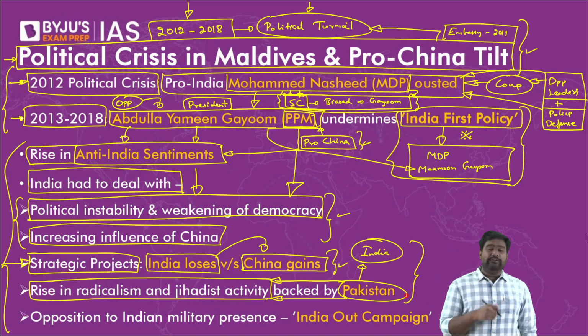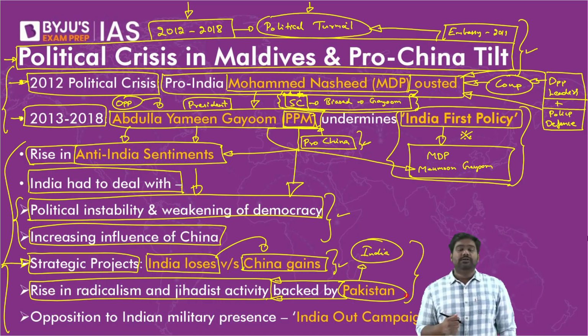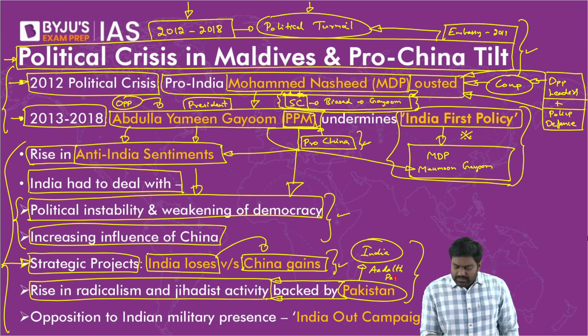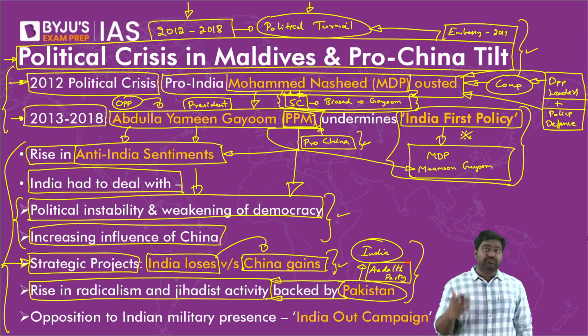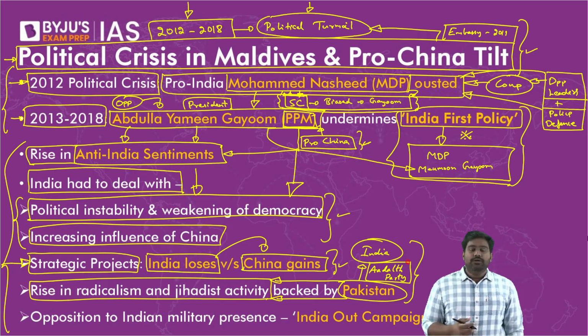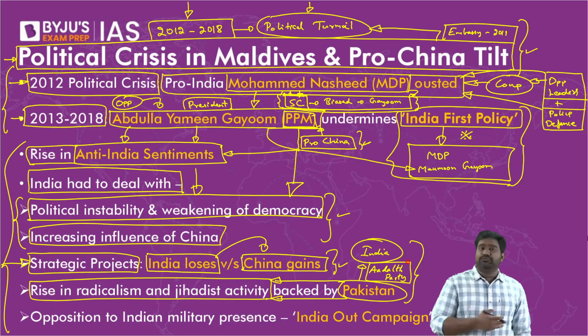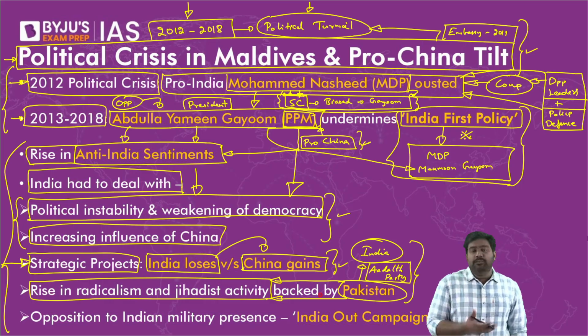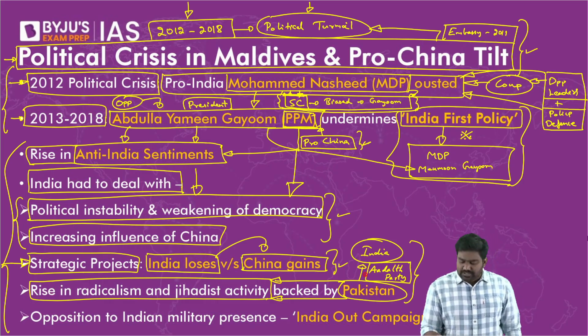Pakistan played a role in funding some radical madrasas and some radical organizations like the Adalat Party. The Adalat Party of Maldives has always been inclined towards religious fundamentalism, radicalism. So a country which was stable, which was free from extremism, started witnessing a sudden surge in fundamentalist jihadist activity with the backing of Pakistan's ISI.